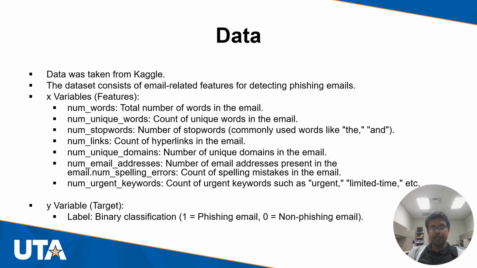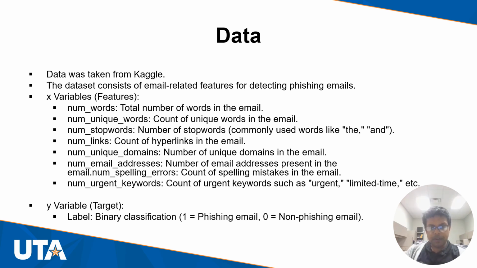Number of unique domains in the email. And then another parameter is the number of email addresses present in the email. And the number of spelling mistakes in the email.